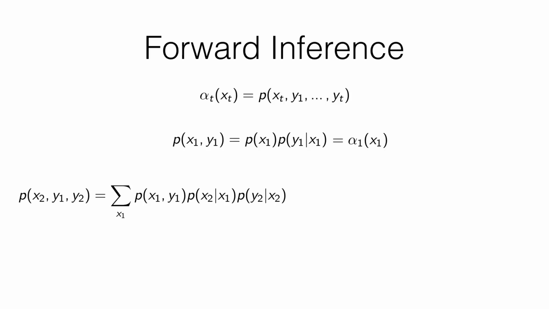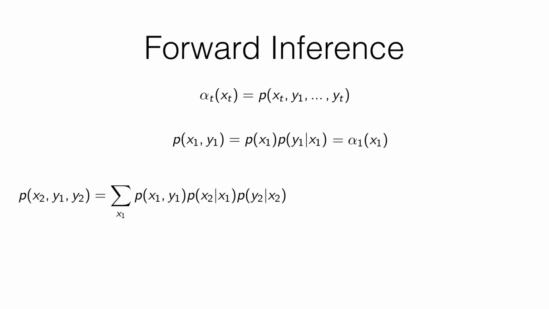And we can compute that. If we think about it, what you need to do is sum over all the possible states of the previous time step, which is x1. So we sum over all the x1s of the probability of x1 and y1, times the transition probability. So what's the probability of getting to x2 given that we're in each possible setting of x1?